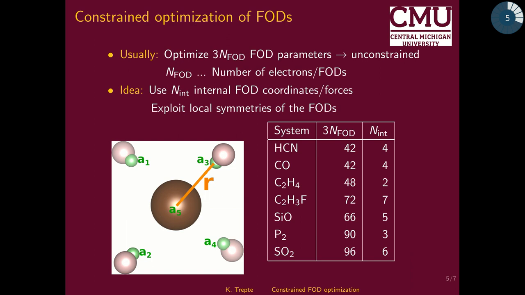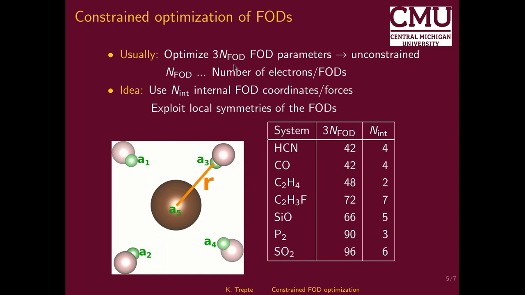In order to outline that a little bit more, I want to introduce the general idea of the constraint optimization of FODs. So what we typically do is optimize all 3n degrees of freedom for the FODs, the Cartesian coordinates, which is what I'm going to call the unconstrained optimization.